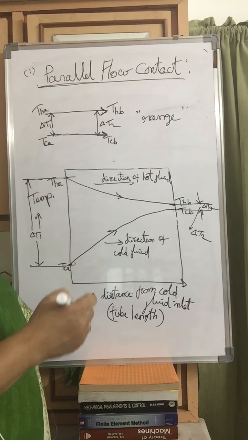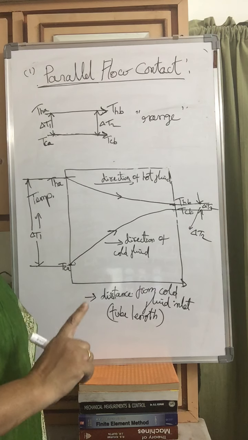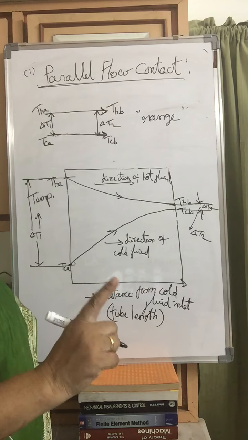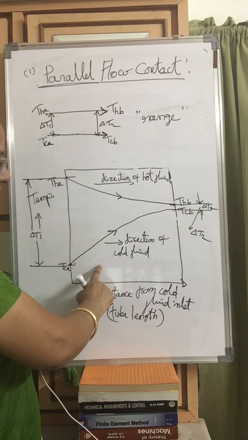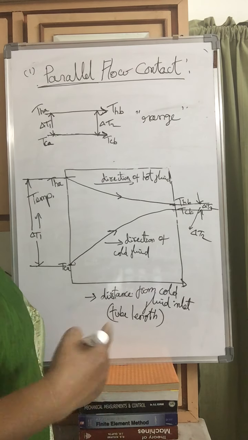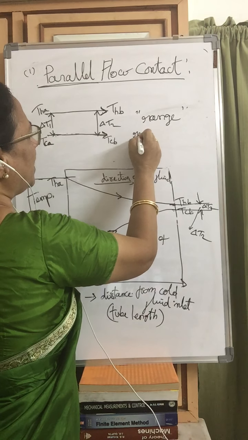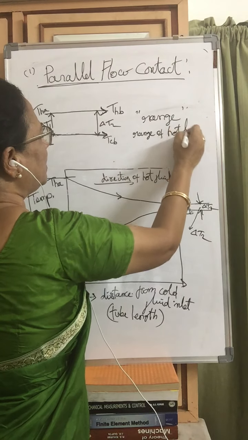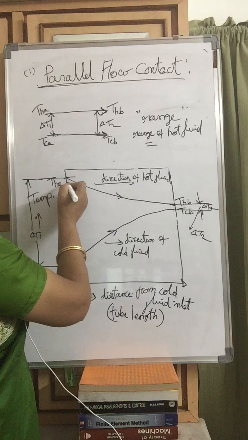In a condenser, you will have only one range because cold fluid temperature only changes from TCA to TCB, but hot fluid temperature remains constant. And in a heat exchanger, you will have a range both for hot fluid and for cold fluid. What is the range of hot fluid?